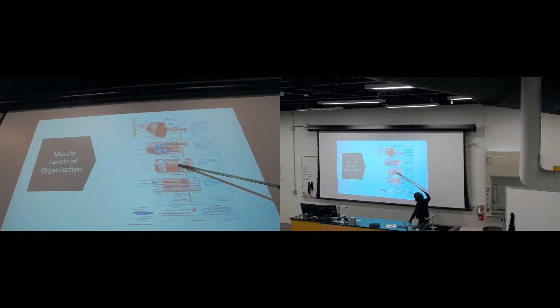This is what we call the A band or dark band, and this is what we call the light band or I band. And in the middle of the I bands, we have the Z discs. So in between two Z discs, we have a sarcomere, which is a structural and functional unit of muscle. So we have the A band in the middle of the sarcomere and two I bands. And this is the magnification of these proteins.